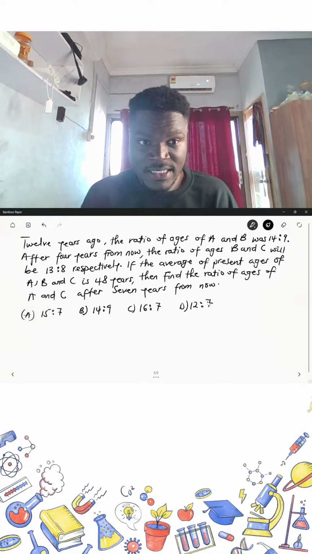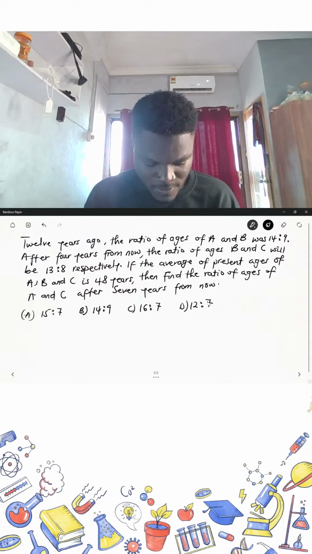After 4 years from now, the ratio of ages of B and C will be 13 is to 8 respectively. If the average of present ages of A, B, and C is 48 years, then find the ratio of the ages of A and C after 7 years from now. Okay.